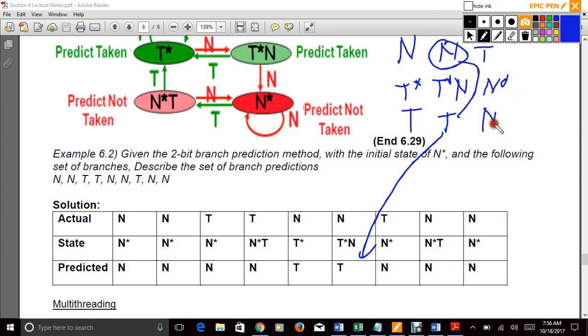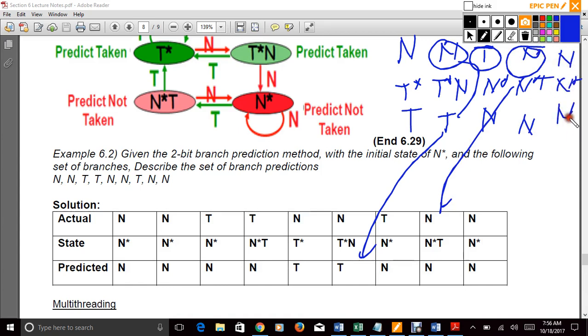So we're going to predict no, and we're wrong. So we're going to go to n star t. So now we're at this column. We predict n. We are correct, so now we'll go to n star. And that's this column.